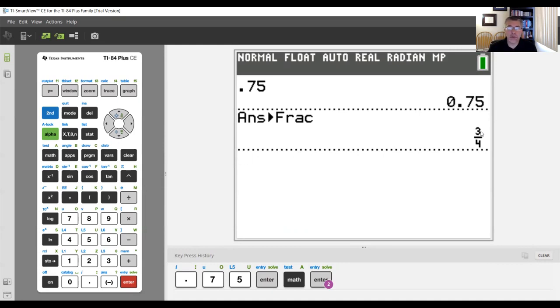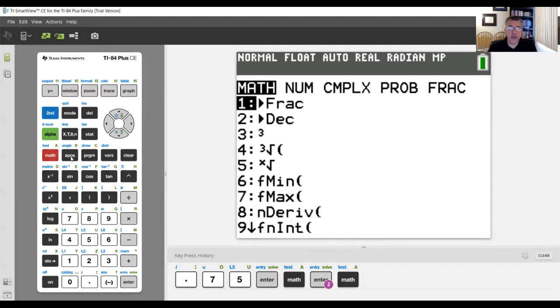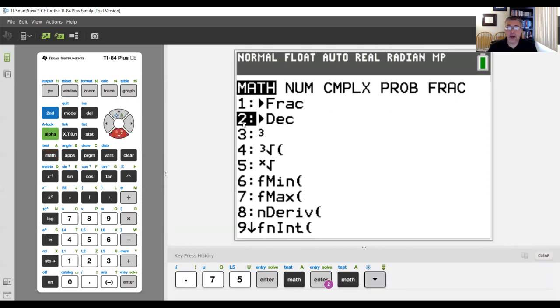Now, what if I wanted to change that fraction back from 3/4 to a decimal? Well, I would merely hit the math key one more time, and I would arrow down to 2, and we would highlight the 2 decimal key.